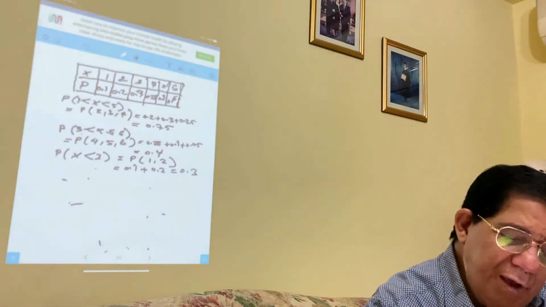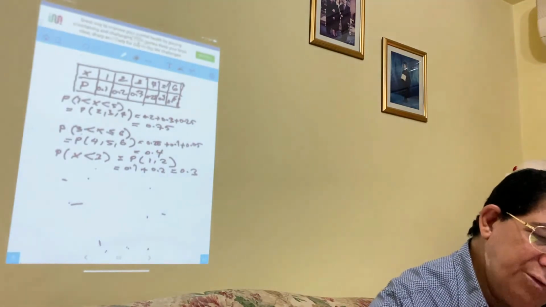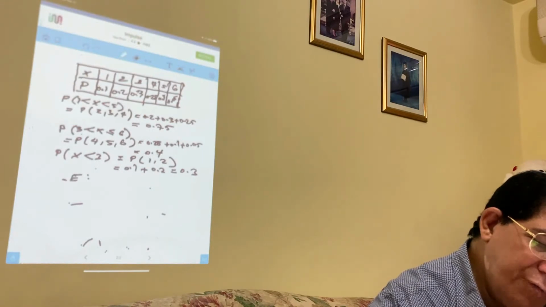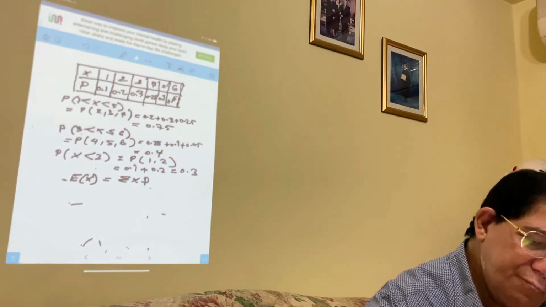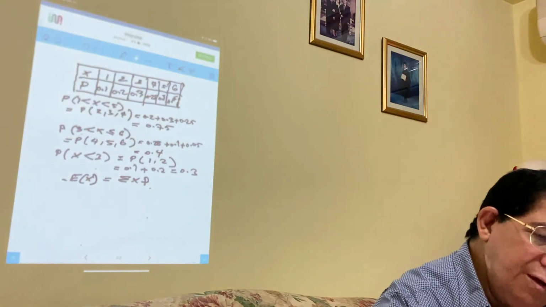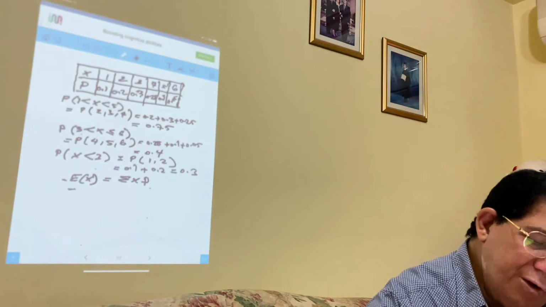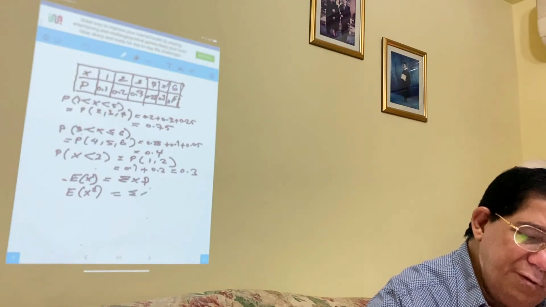Of course, we can be asked the same questions exactly. What is the expectation of x? If we ask what is the expectation of x, we say sigma xp. Then, if we ask what is the variance, we first get the expectation of x squared, which is sigma x squared p.